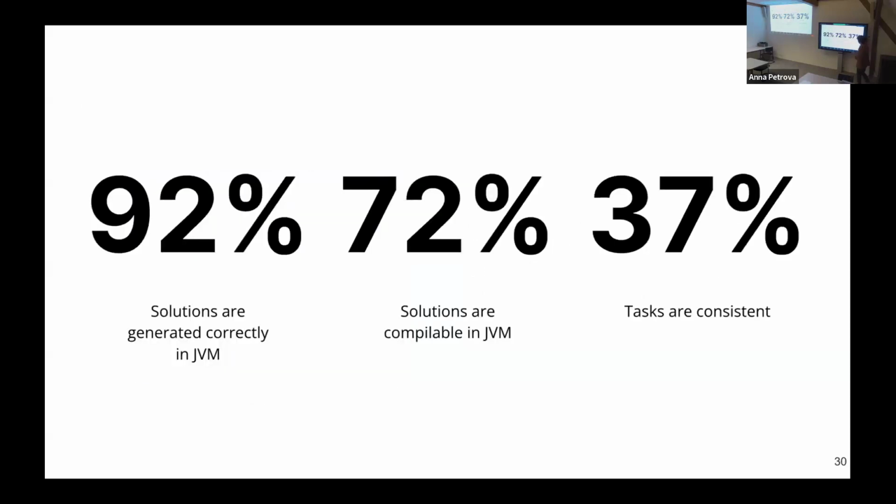So in summary, for the JVM languages that we used, 92% of solutions were generated correctly, and 72% of solutions were compiled successfully. Those are not bad metrics for language models, but only 37% were consistent.